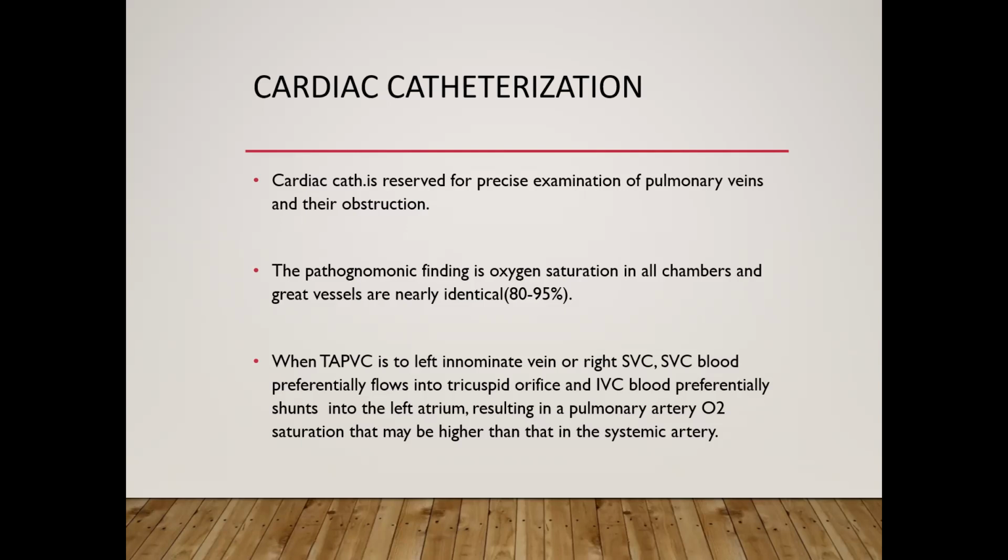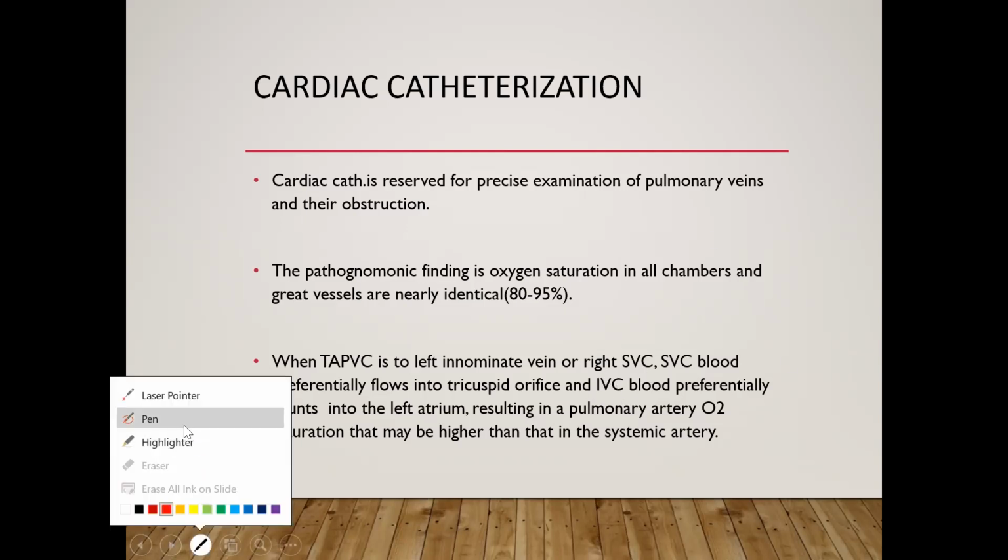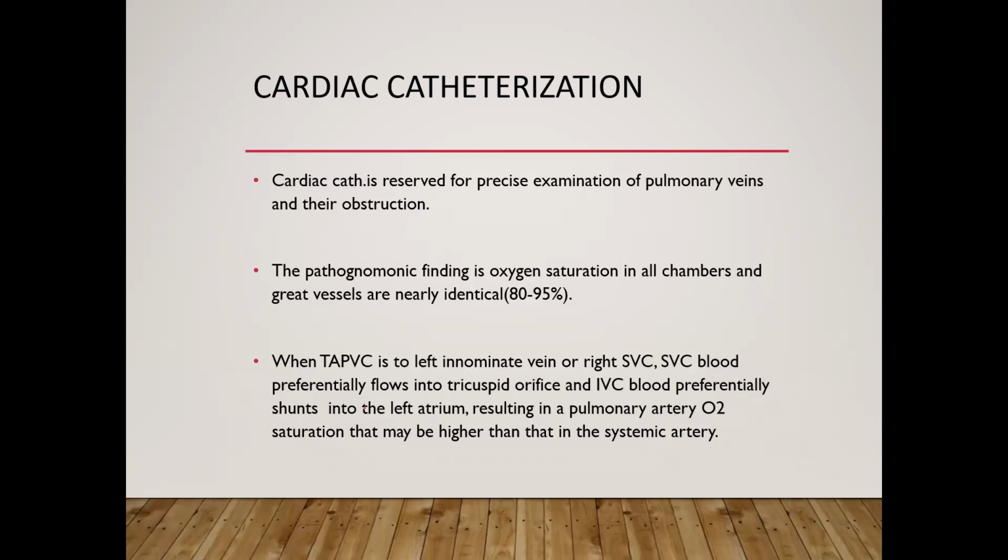When TAPVC is to the left innominate vein or right SVC, that SVC blood preferentially goes across the tricuspid valve, and IVC blood preferentially goes into the left atrium if there is an ASD, resulting in an increase in the saturation. PA saturation is greater than the systemic artery saturation when it is like this.